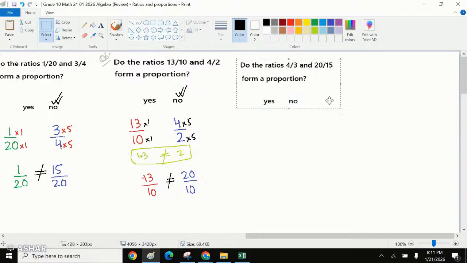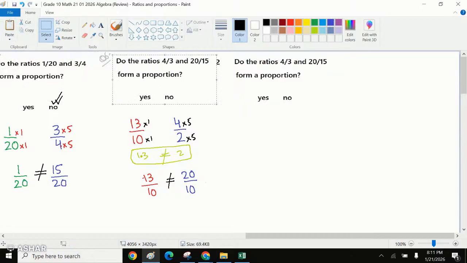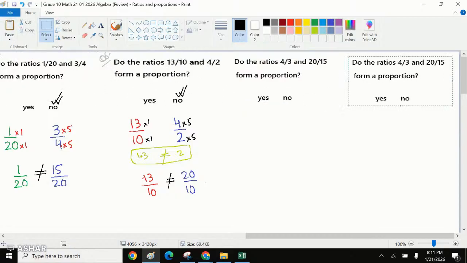If this was the question given to us, I'll make 2 copies of this, okay? Why? Because I want to change this number over here. If I write this as 15 over 20, right? What I'm doing in question number 8 is I'm trying to flip the fraction. This is question number 8. This was given as 4 upon 3, 20 upon 15.